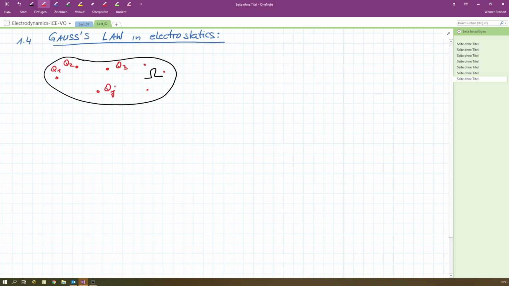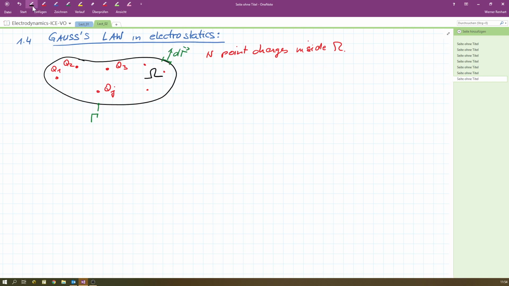We have n point charges inside omega. Then the volume may be defined by some closed surface gamma. On any point on the surface we have some outer unit normal, an infinitesimal surface element delta gamma pointing out of the volume.